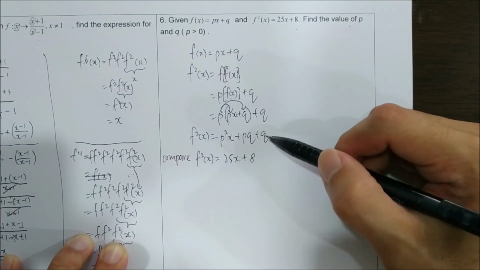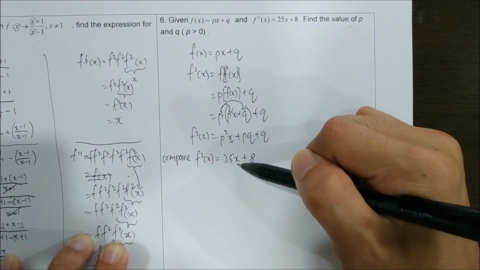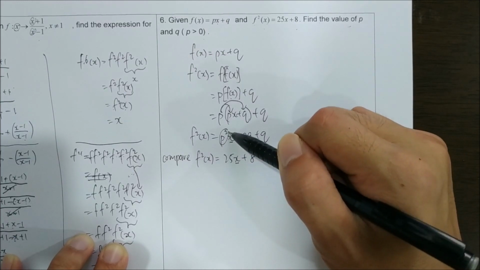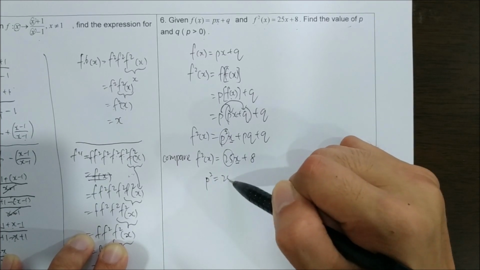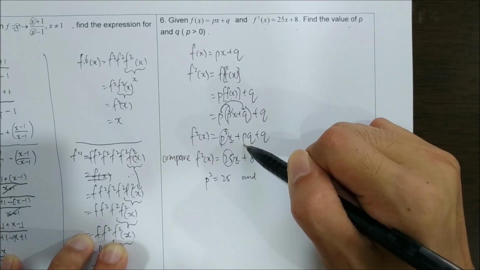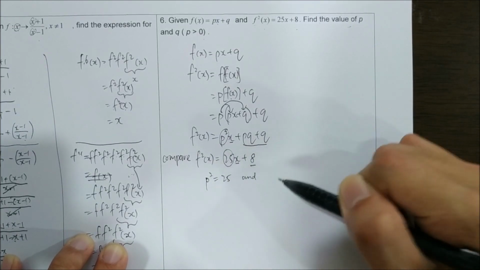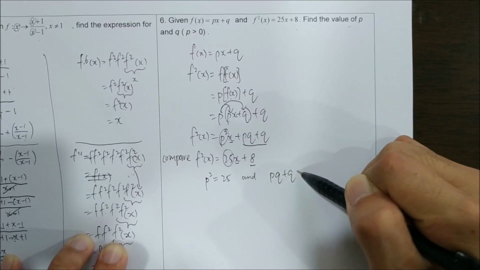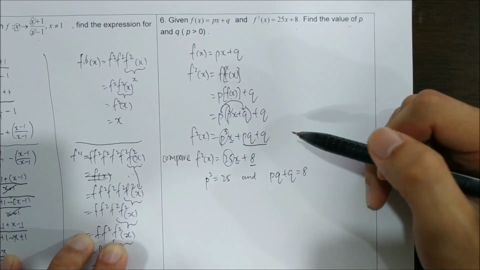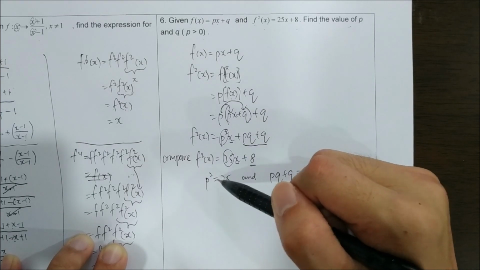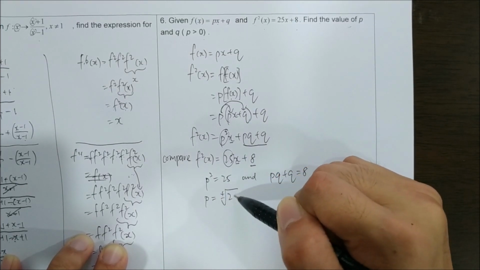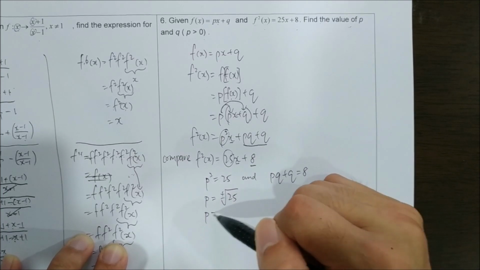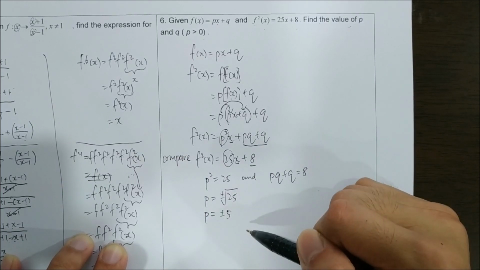If we compare to this, we'll find that this x and this x is the same, so p squared equals to 25, and pq + q equals to 8, if we do comparison. So p squared equals to 25, p equals to positive negative square root of 25, which is positive negative 5.